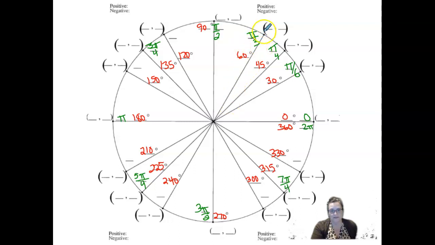So if this 60 degrees is 1 pi over 3, then 2 times 60 degrees is 2 pi over 3. And 3 times 60 degrees is 3 pi over 3. That would make 240, 4 pi over 3.